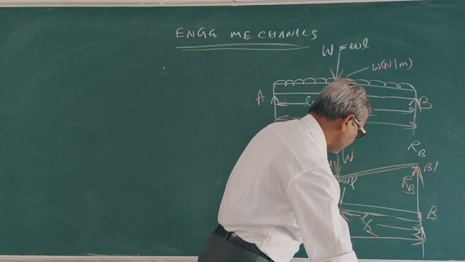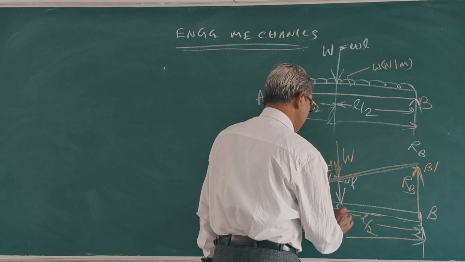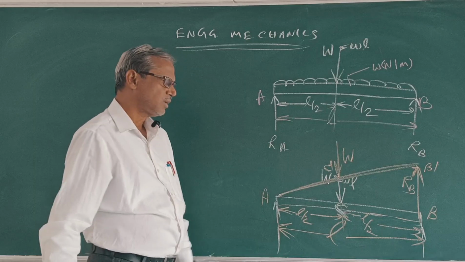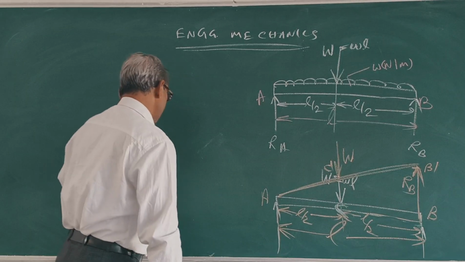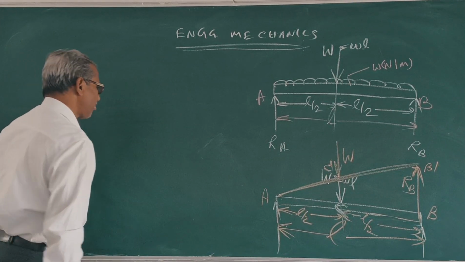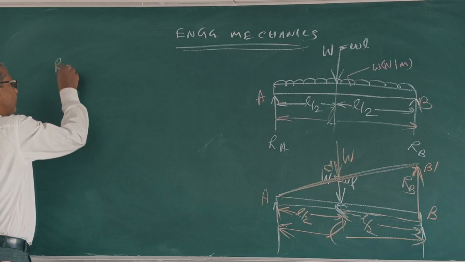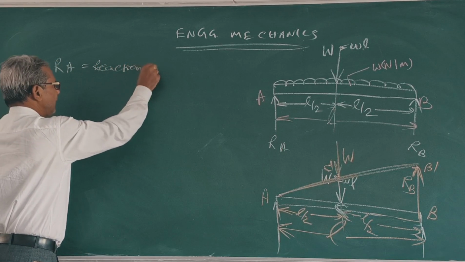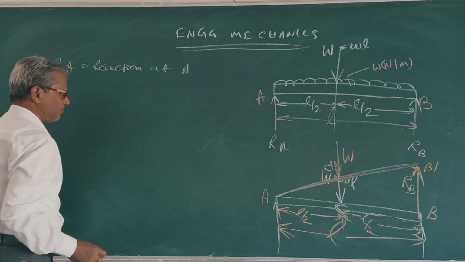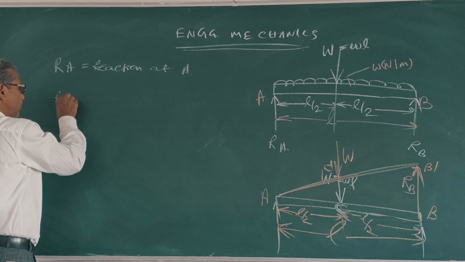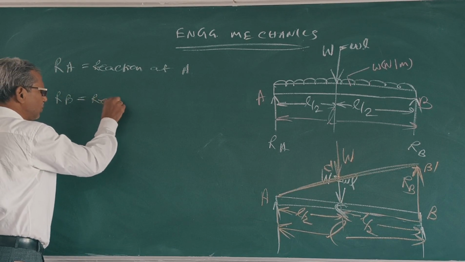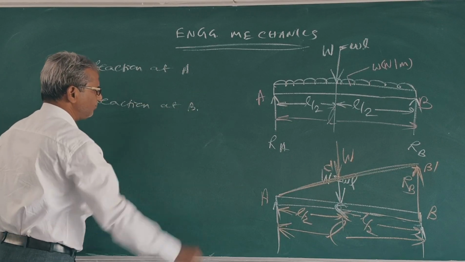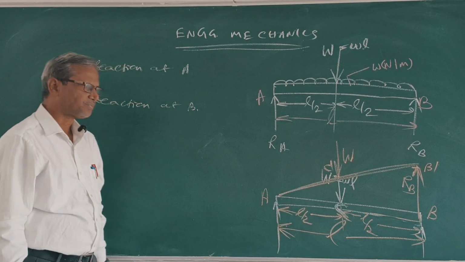Now this point C, let RA is equal to reaction at A. Clear? What is RB is equal to reaction at B. Clear?